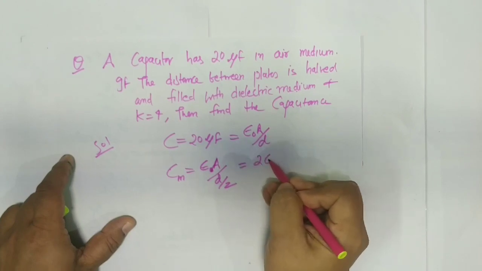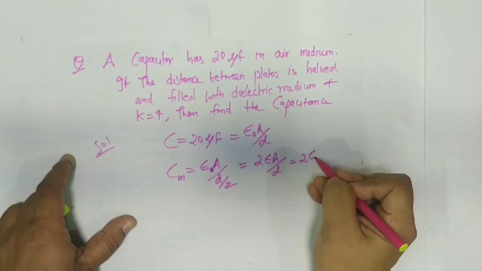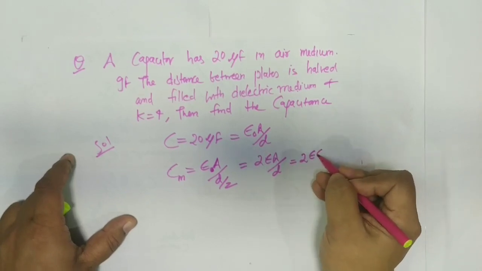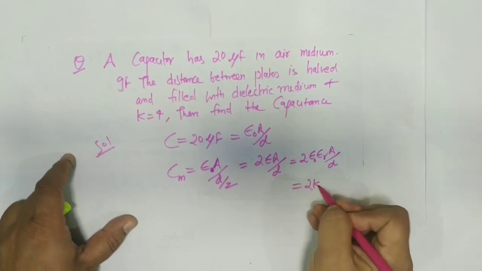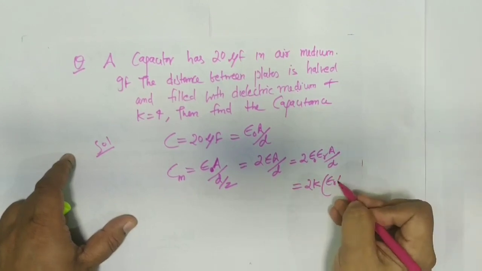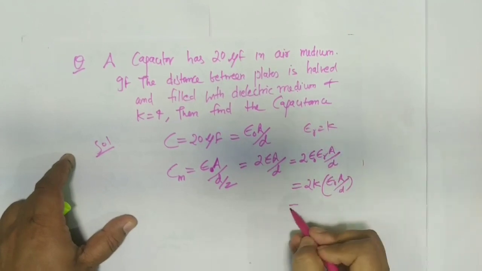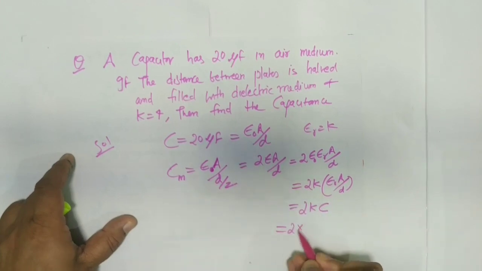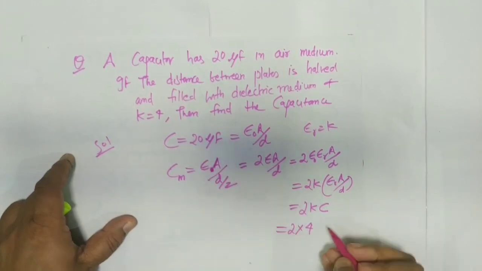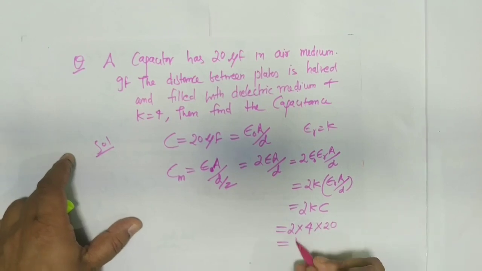So it will be 2 epsilon A by D. And do you know epsilon is epsilon naught into epsilon R, so can we write 2K epsilon naught A by D? What is epsilon R? It is K. So it will be 2K times of what? C. So 2K is what? 4, and C is 20. So it will be 160 microfarad.